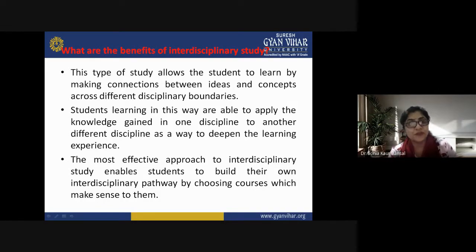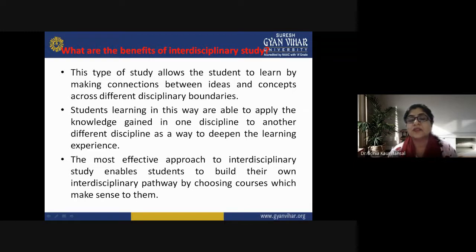What is the benefit? Just have a look at them. First of all, this type of study allows students to learn by making connections between ideas and concepts across different disciplinary boundaries.